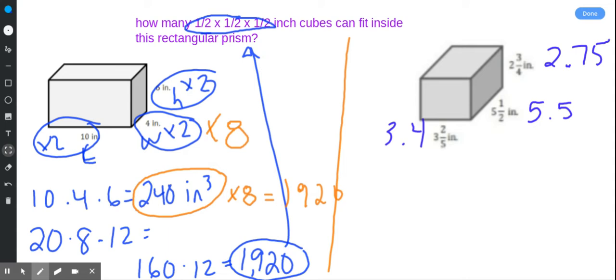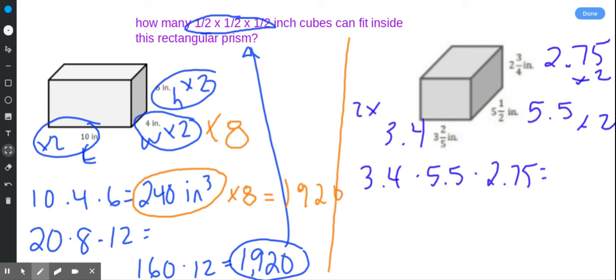Okay, then you could do it both ways. So it says there's still ½ by ½ by ½ cubes. So you could multiply each of these by 2 and then find the volume, length times width times height. Or in this case, I'm going to do 3.4 times 5.5 times 2 7/500.